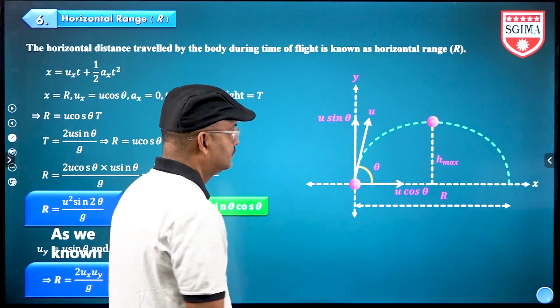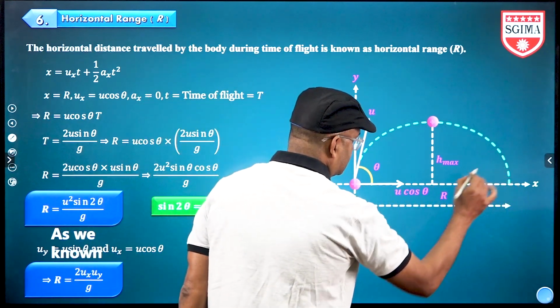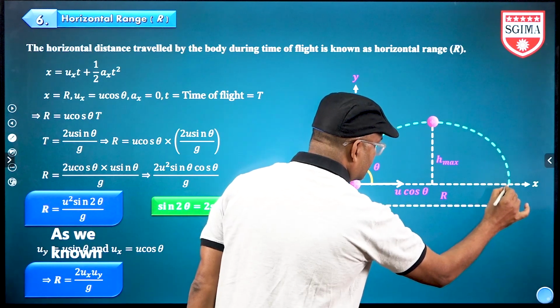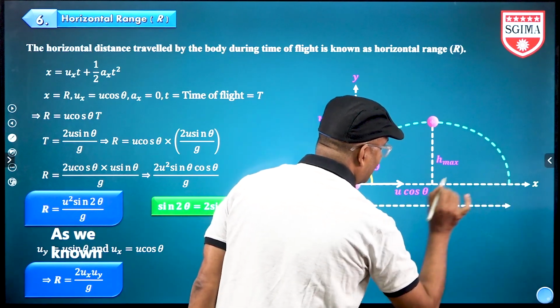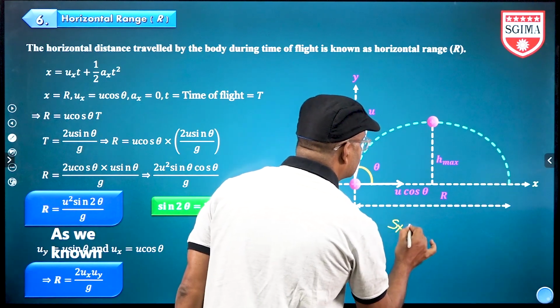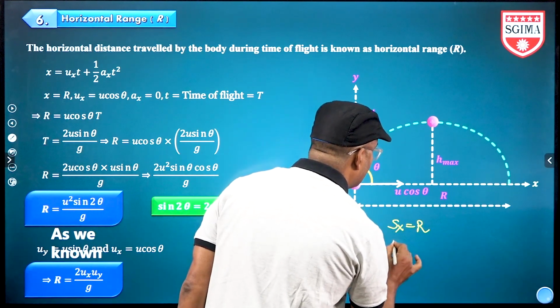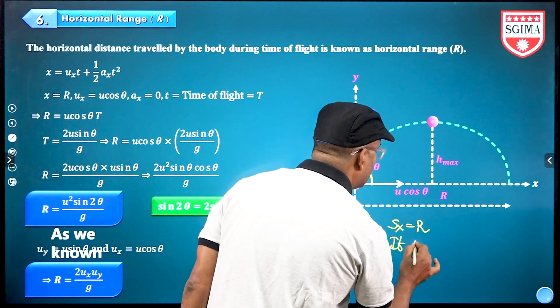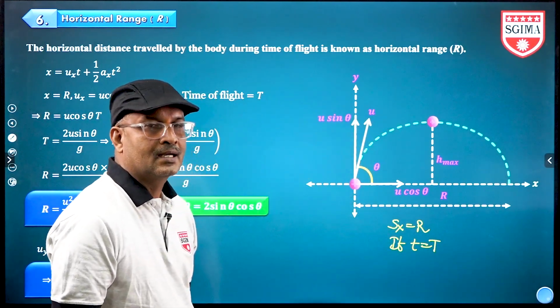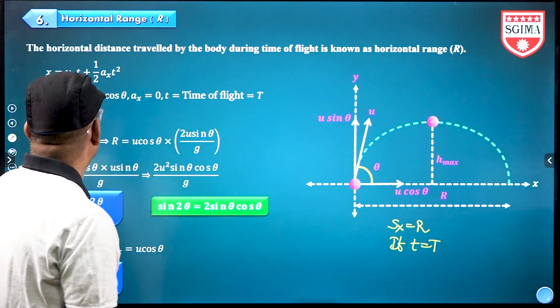So, we know that along this direction, the horizontal displacement during time of flight, that means Sx, is the range, if t is time of flight.